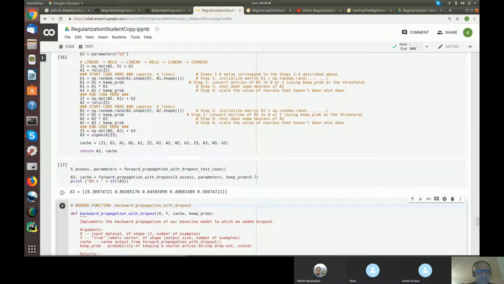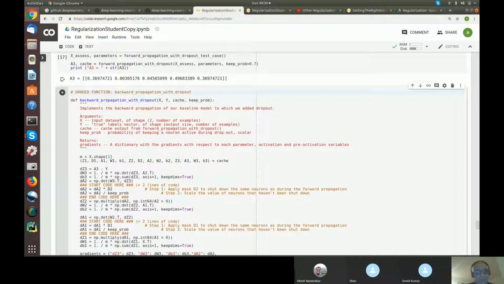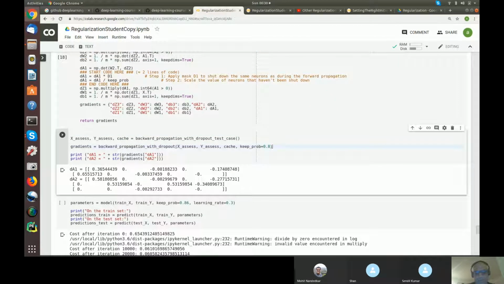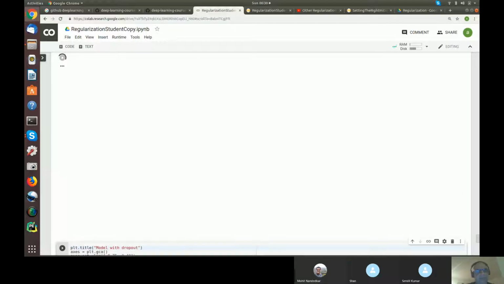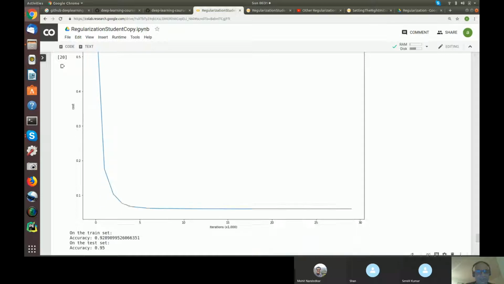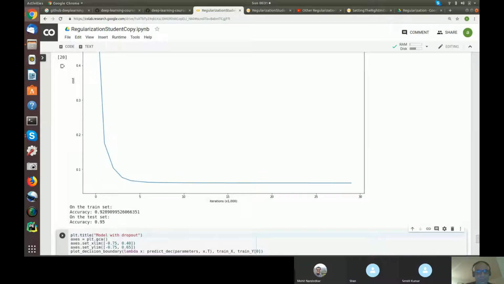Let's test it. Let's see how it works. Let's run it. Okay. So the loss function is lower in this case because we're not adding parameters to the loss function.